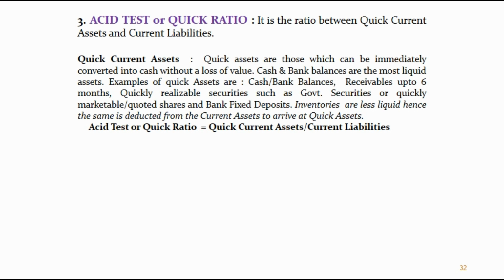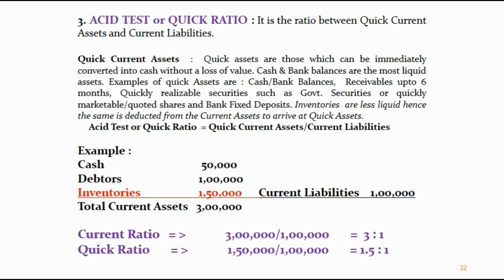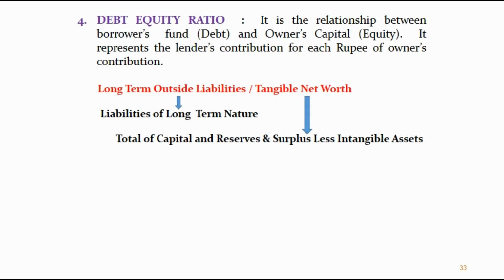So acid test or quick ratio is quick current assets divided by current liabilities. Okay. Debt equity ratio is the relationship between the borrower's fund and the owner's capital. It represents the lender's contribution for each rupee of owner's contribution.